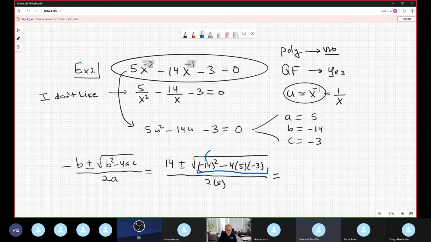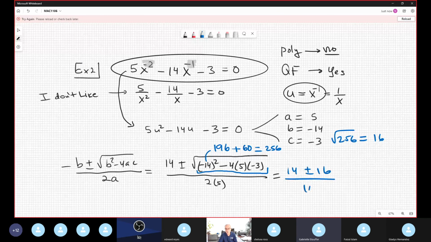But no, okay. This is 196 plus double, minus 60. The answer is 256, and the square root of 256 is 16. You have 14 plus or minus 16 divided by 10, since 2 times 5 is 10.